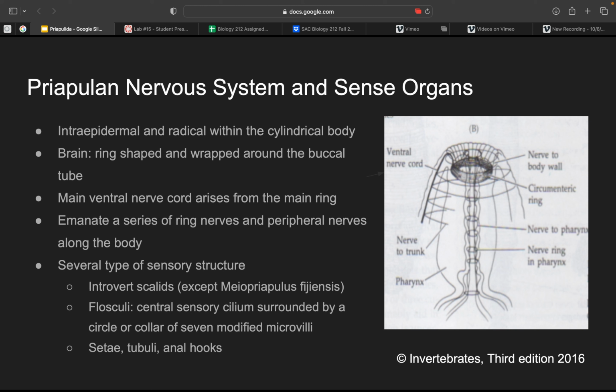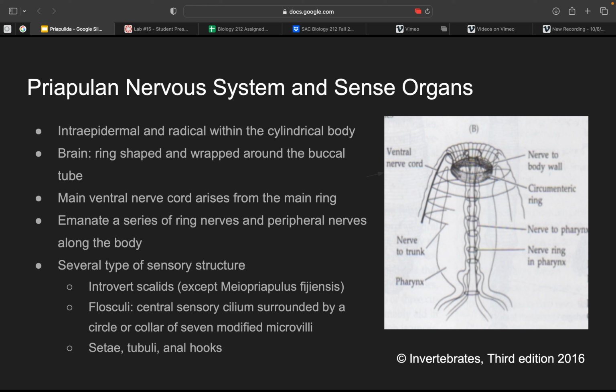The main ventral nerve cords arise from this ring and give off a series of ring nerves and peripheral nerves along the body. The longitudinal nerve extends from the main nerve ring along the inner pharyngeal line and is connected by the ring commissure.